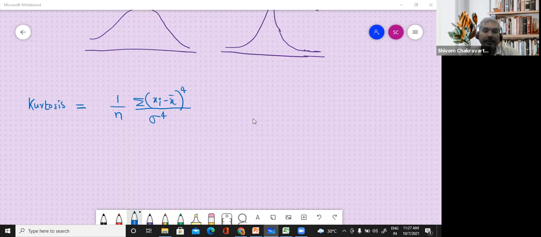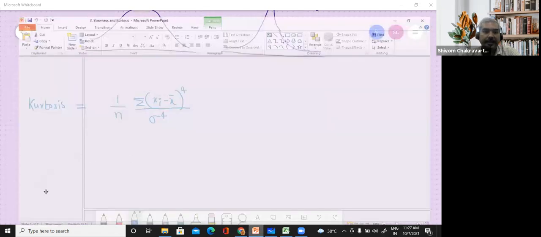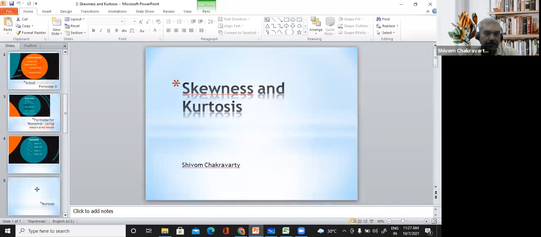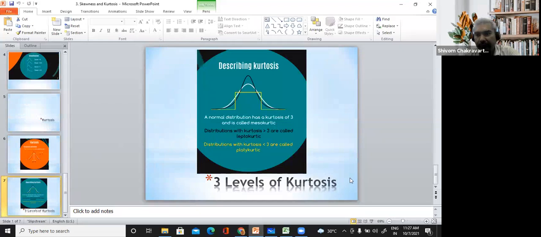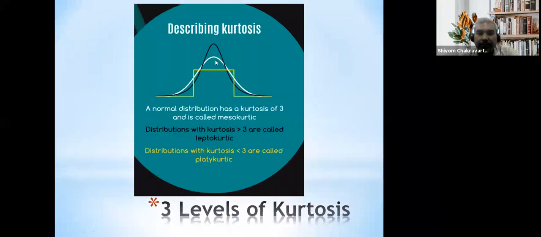So kurtosis, normal looking graphs value. This middle one, this white one, I hope you're able to see. This white one is the normal distribution. Normal distribution is a type of probability distribution, and as I keep saying, for most naturally occurring and man-made phenomena, provided we have collected enough data, thousands of data points, the frequency distribution of that data will be normally distributed.